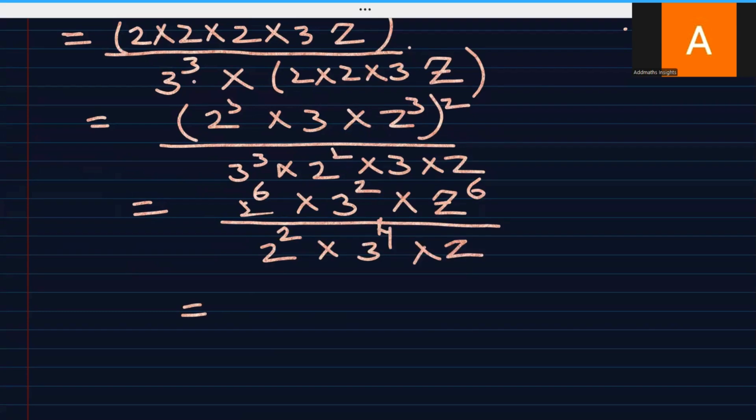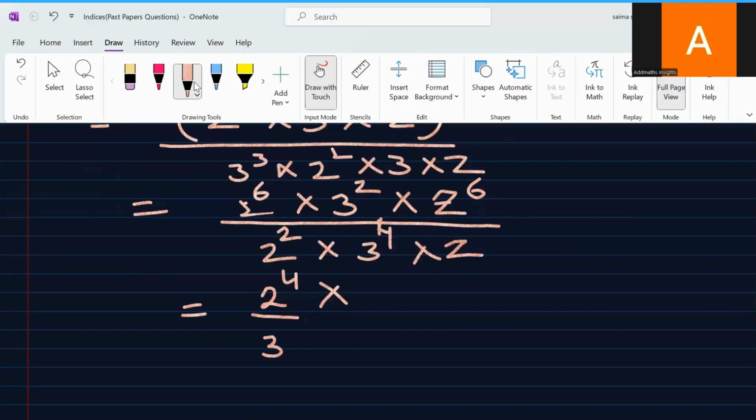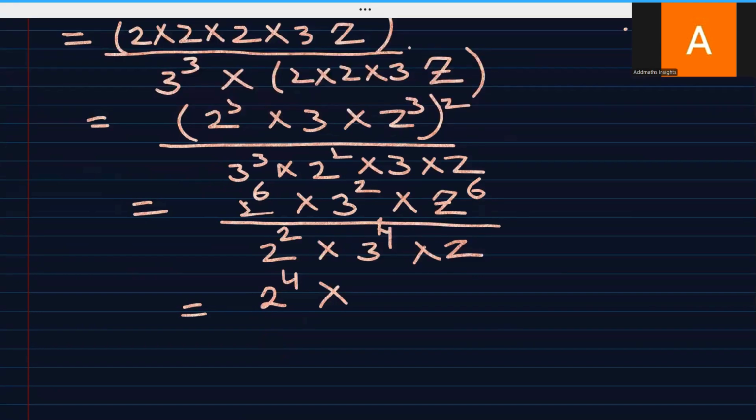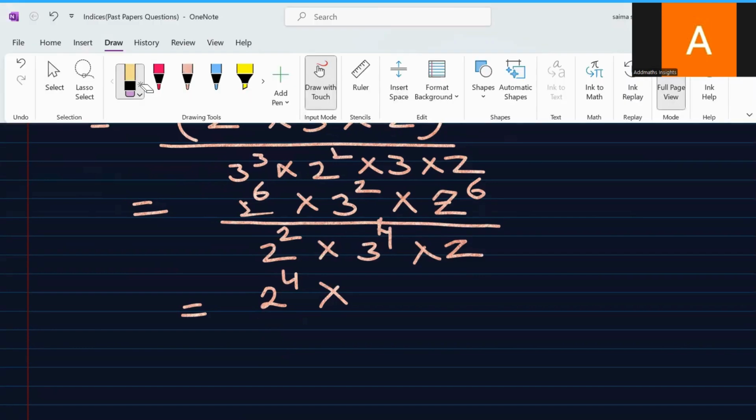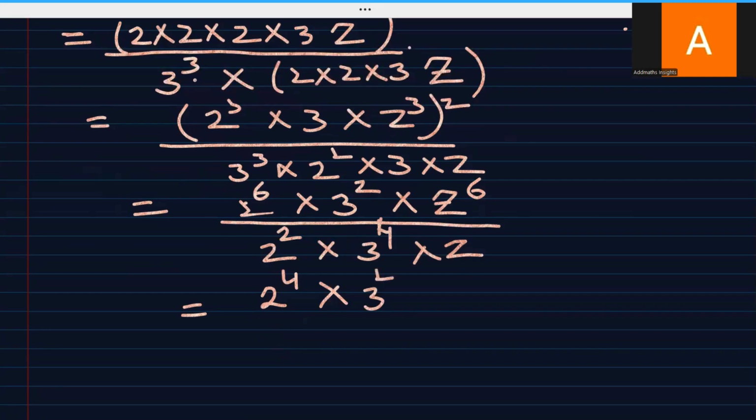And bases are same, so you can subtract the powers. 6 minus 2 is 2 raised to the power 4 into 3 raised to the power 4, which you can take up because we have to express it in the form of 3 raised to the power 2 minus 4, which is minus 2, and z raised to the power 6 minus 1 is 5. So this is how you can simplify this expression.